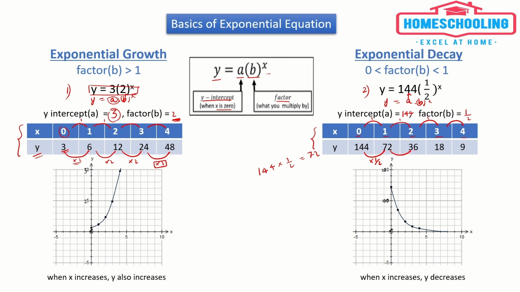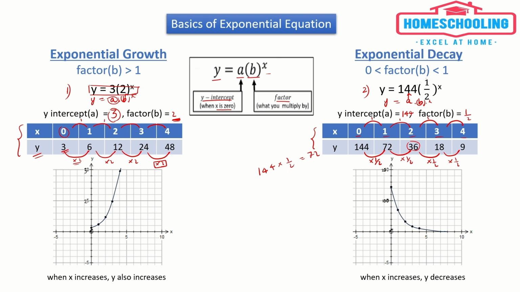Similarly, the next value of y is half times the previous value. Similarly, 18 is half times the previous value. Similarly, 9 is half times the previous value, that is 18.